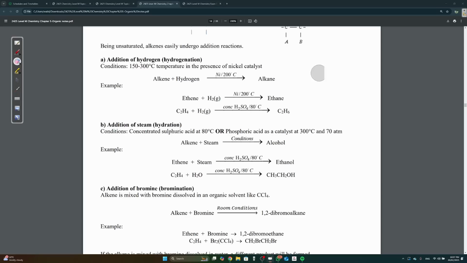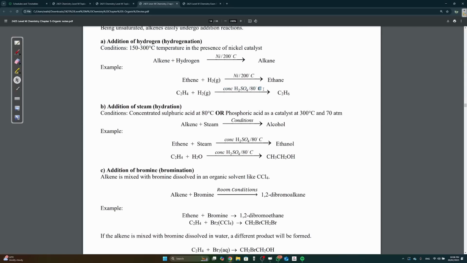So these are all things you can really work out as long as you know the general formula. You don't have to memorize any of this. If you have CnH2n, add two H's, it's gonna come to n plus 2. And what is that? That's just an alkane. Okay, so alkene plus hydrogen gets you alkane, but you need to know the condition. Condition is presence of nickel at 200 degrees Celsius. Okay, you need to know this.